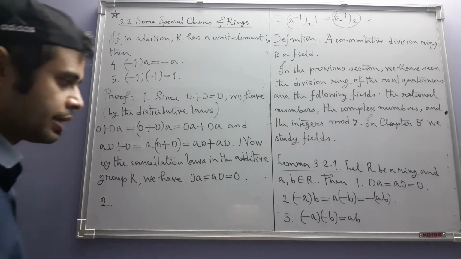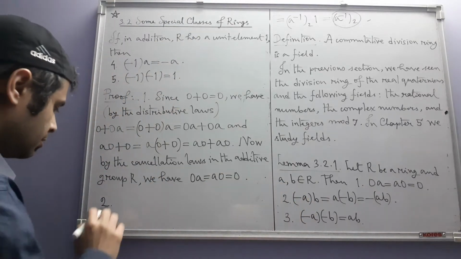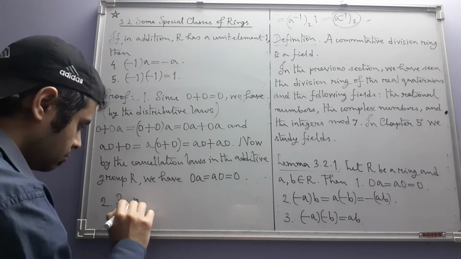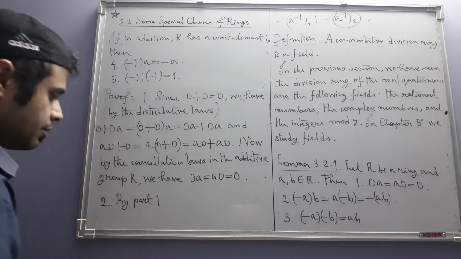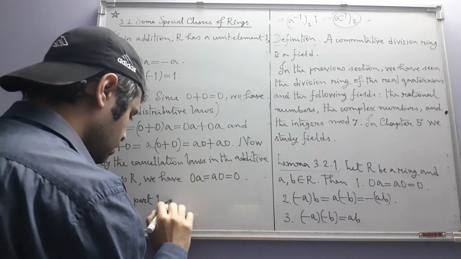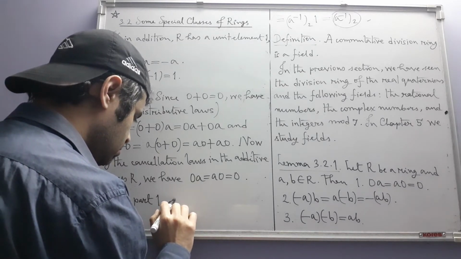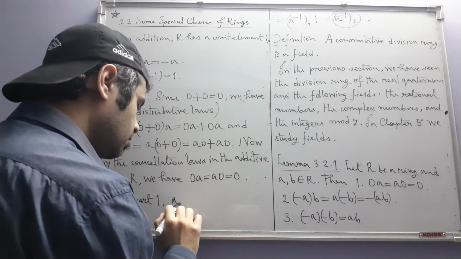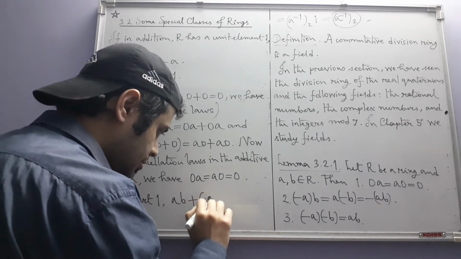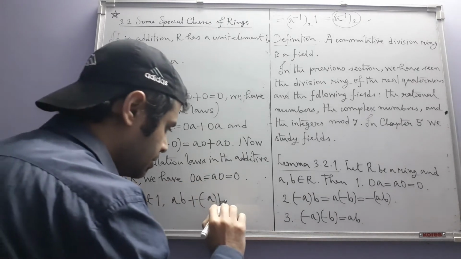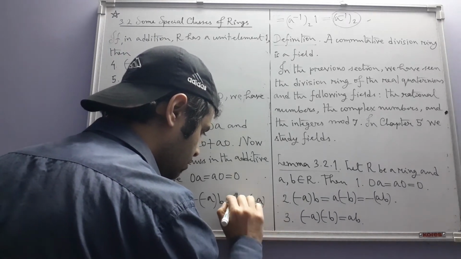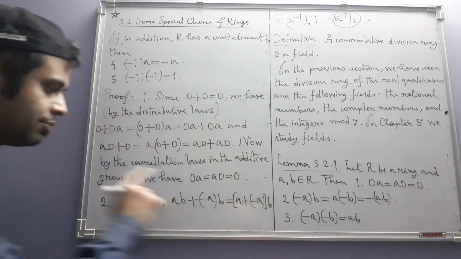Now we come to the second one. By part 1, so by the previous part, AB plus minus AB, which can be written as A plus minus A times B. What have we used here?